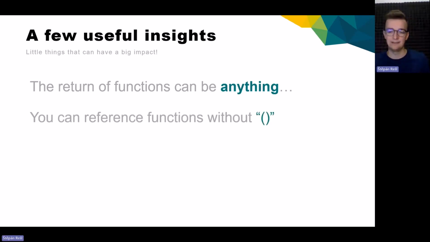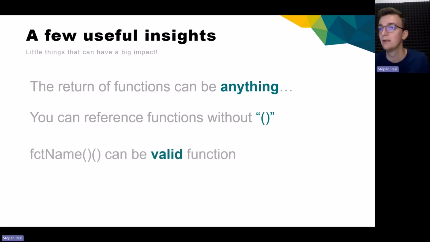You can reference functions without the brackets on the end. If you do that, it will show you the documentation of that function, but it needs to be called in a separate step. It cannot be inside some other function. Then, if you have double brackets after the function name, it can still be a valid function.